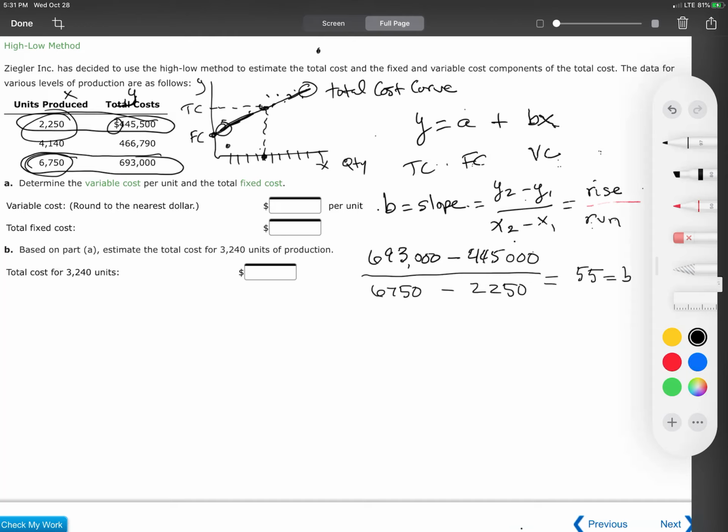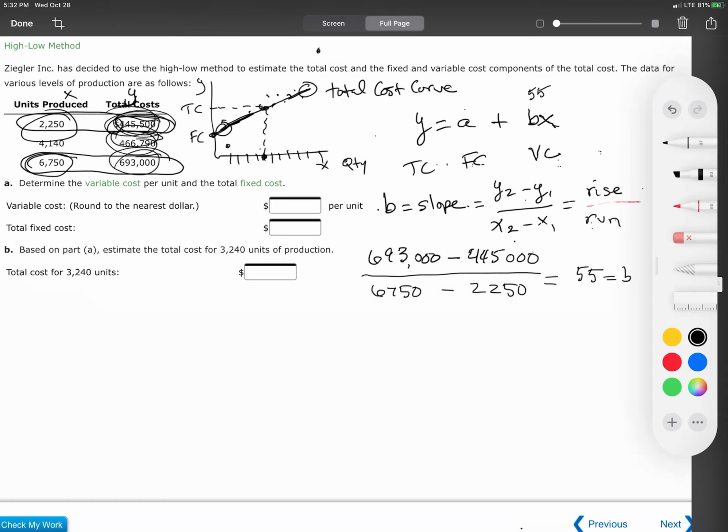Here's the bigger x, 6750, minus the smaller x, 2250. Do this math and it gives you 55. So B equals 55. 55 goes there.